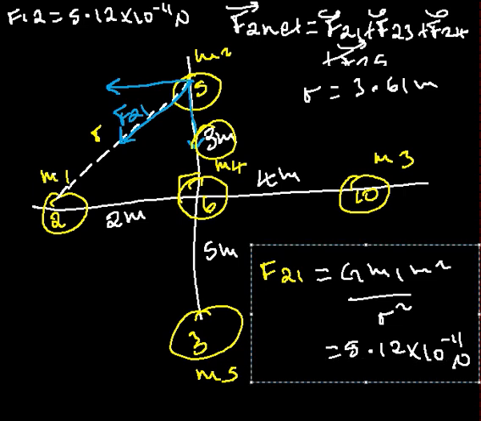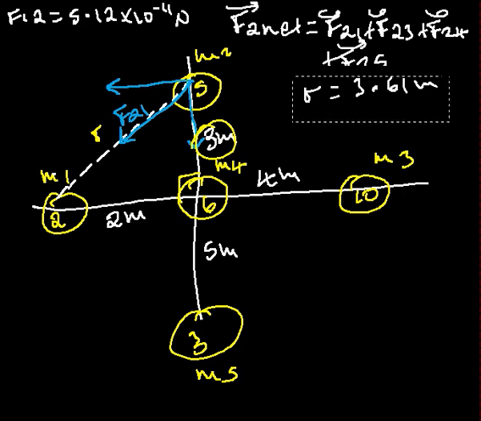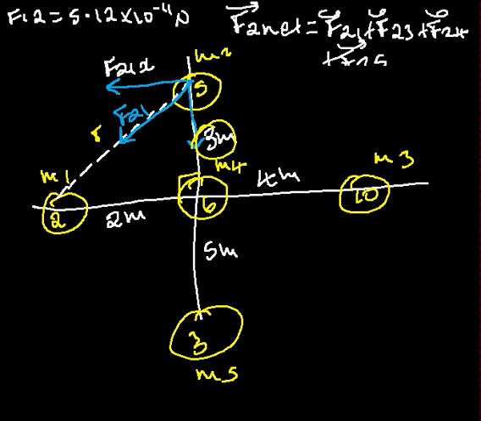And from there, we should also think of resolving the force into components. So we have to resolve this force into components, where this is the x component, that is F2x, and this is the y component, that is F2y. You should understand it in that way.